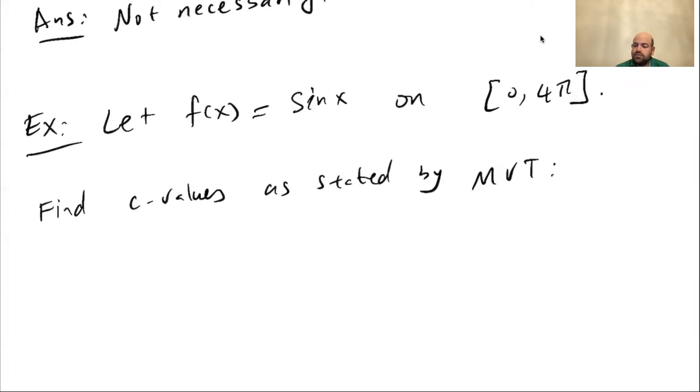So first of all, we can apply MVT for f of x, because f of x is a trigonometric function, basically sine x. We know that sine x is continuous and differentiable everywhere.